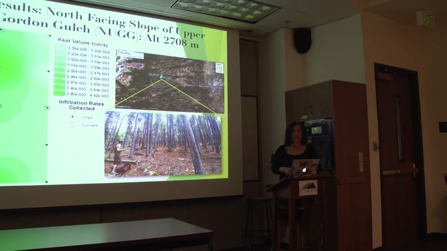I did rates at 30-second intervals over 10 minutes. At this site, I did 5-minute intervals over 35 to 45 minutes. And this also has to do with the soil texture. We'll talk a little bit more about that too. And within these maps, light colors are slower infiltration rates, and darker hues are faster infiltration rates.